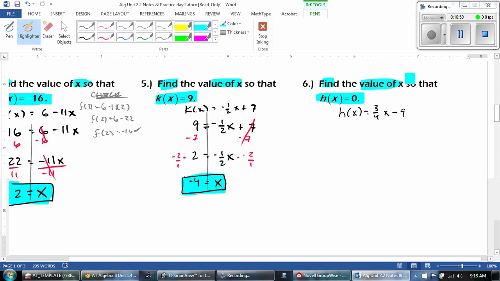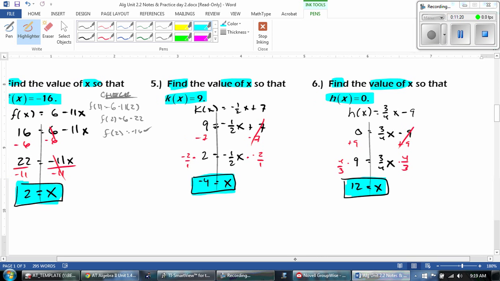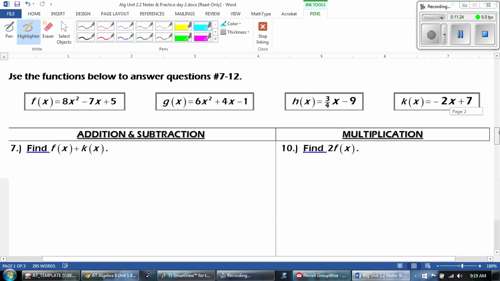So pause the video and good luck. Okay, so we had to add 9, multiply the reciprocal, so 9 times 4 over 3, and you should have gotten 12. All right, let's go ahead and flip it over.